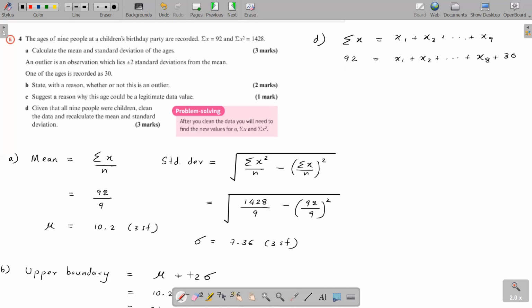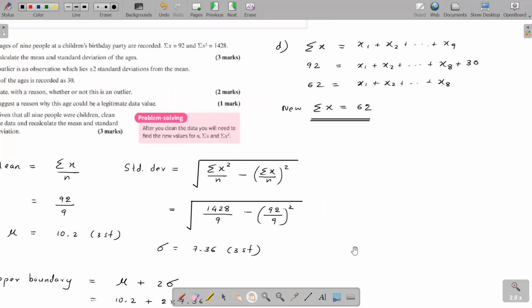Are you with me? How much is 92 minus 30? 62. So 62 is the addition of the ages of the 8 children, which means this is the new sigma x. The new sigma x for the 8 data values is 62. Are you with me?